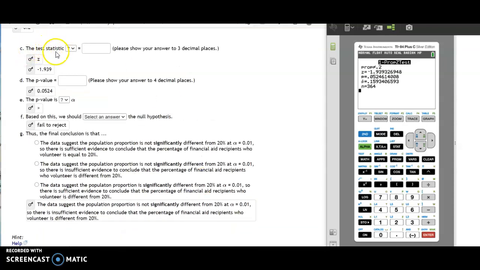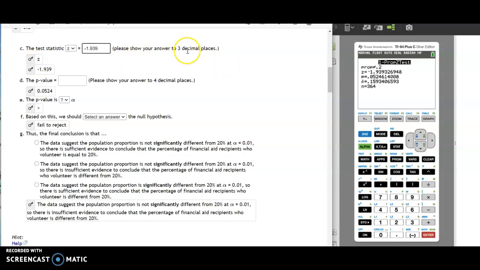Okay, so the test statistic will always be either the Z or the T, depending on which kind of test you used. So since we used a one prop Z test, we would be using a Z here. So it's kind of in the name of the test that you chose. And then we type in the Z score right there. That's literally from the calculator.